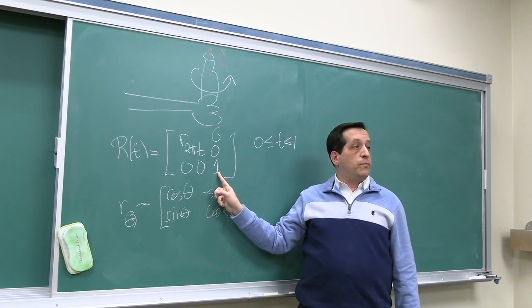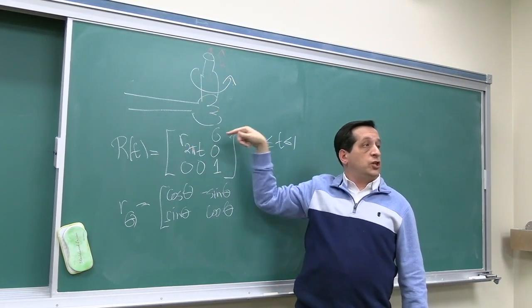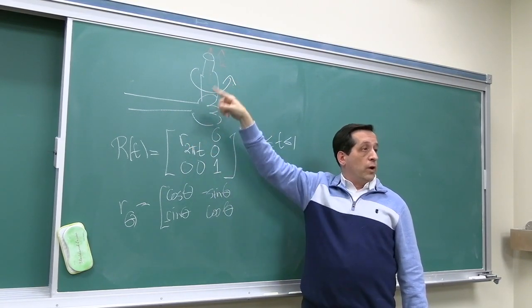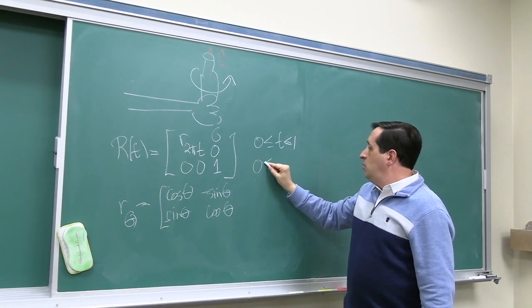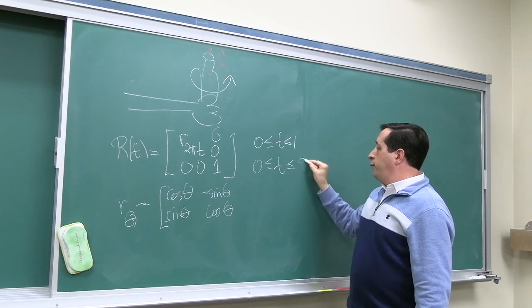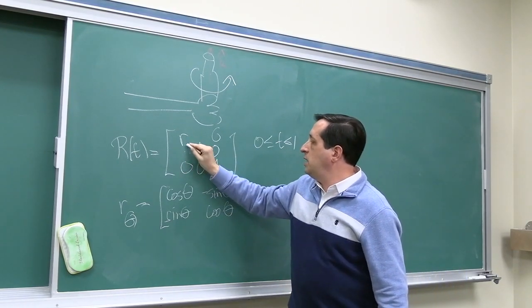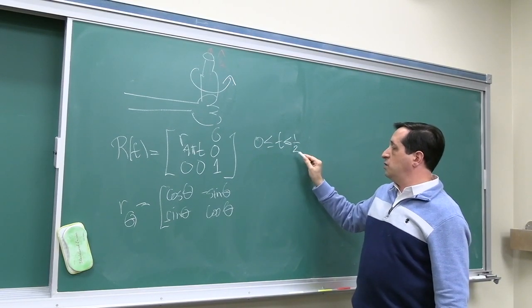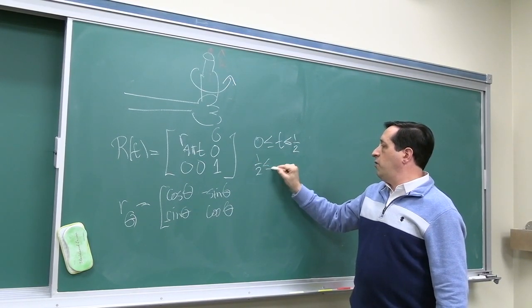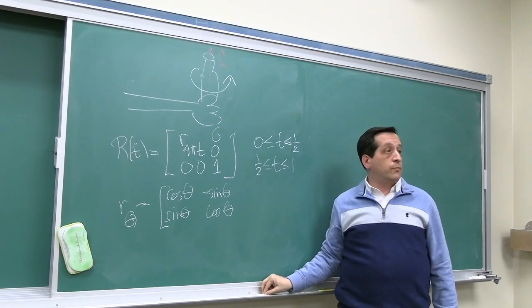You keep the third basis vector fixed, and this is a rotation around that axis for one of the two orientations. And if you allow t to go over twice as long, or better yet, just put a 4 pi here, then from 0 to 1/2 is the first step of the trick, and from 1/2 to 1 is the second step of the trick.